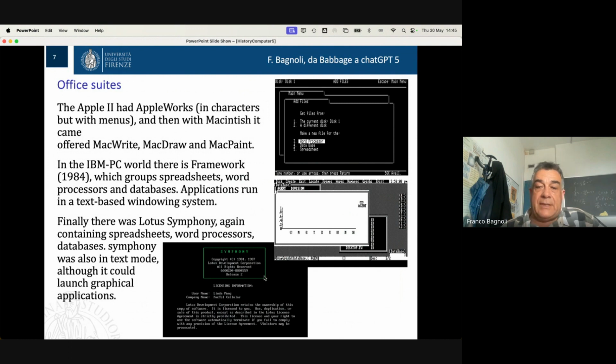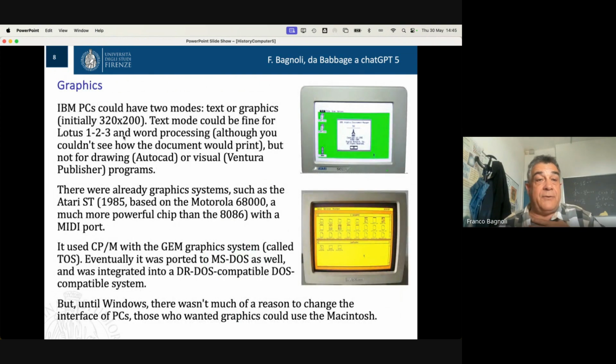So essentially there was this perception of being two different worlds. For instance, Framework tried to emulate using characters a windowing interface. You see, you could have windows with menus, but all drawn using characters, while the real Macintosh applications were graphics.